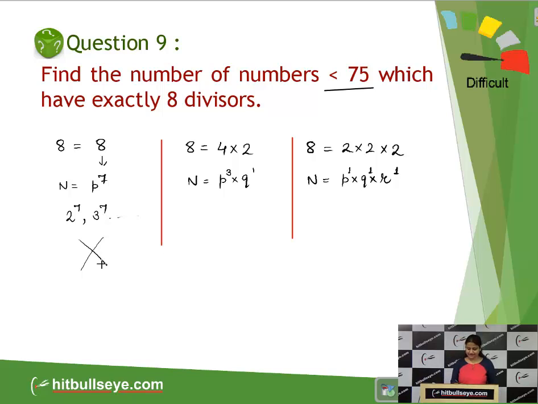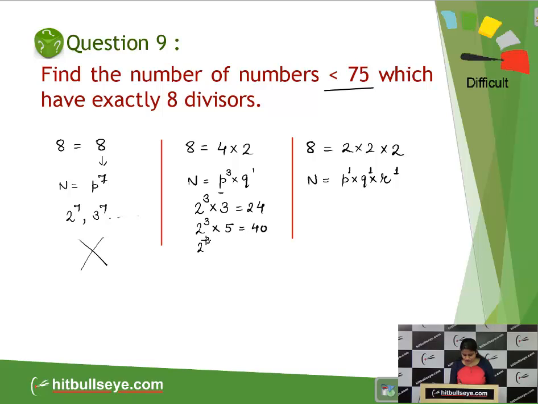Now coming to the second case. If I take p as 2, my number can be 2 cube into 3, which is 24, of course less than 75. Then 2 cube into 5, again this is 40, less than 75, so a permissible number.